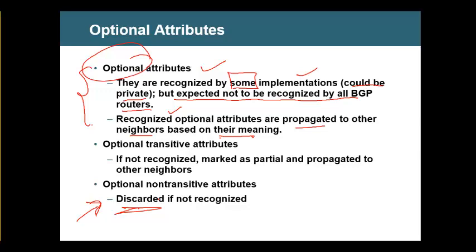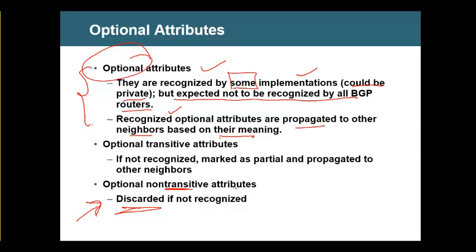I will not accept that update as a valid one. So those attributes are called optional non-transitive attributes.